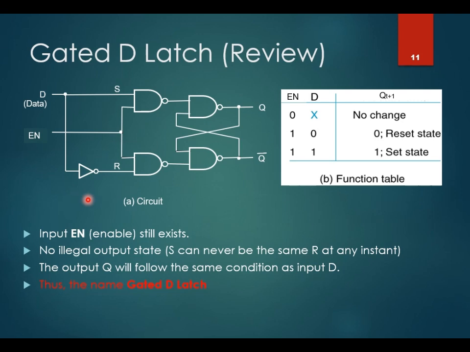But when you connect S and R together through the inverter as shown here, you eliminate the illegal output state. When the gated D latch is enabled, the Q value will just follow the input value D. When D is 0, Q equals 0. When D is 1, Q equals 1. So D can be considered as data, where this is a data latch that just latches whatever value at D to the output.